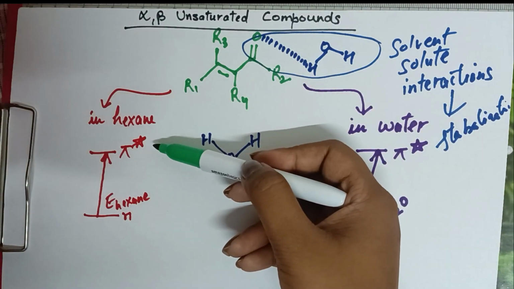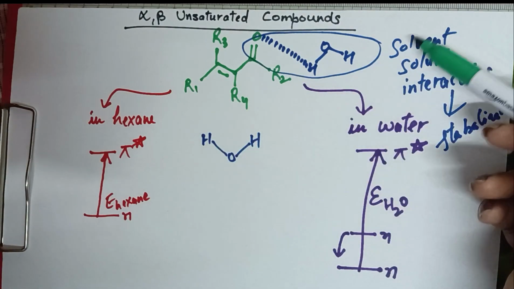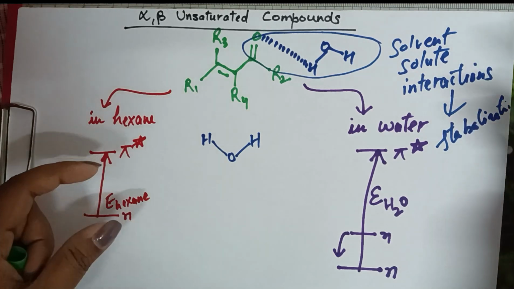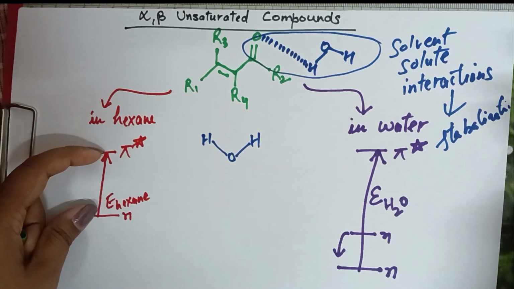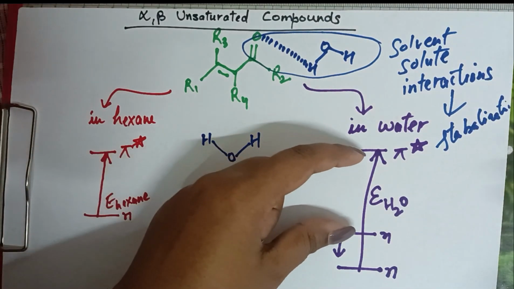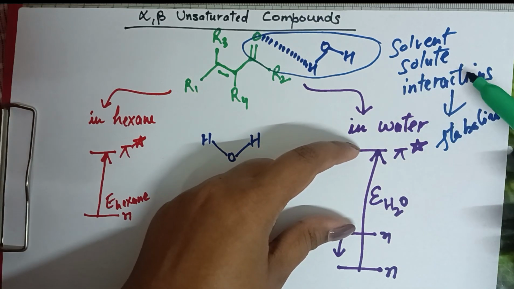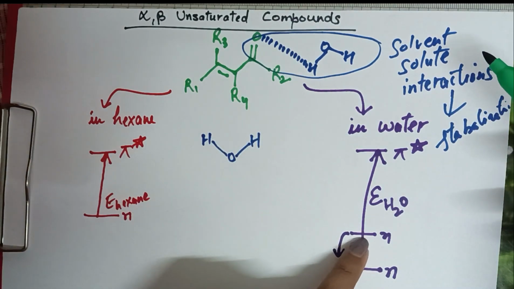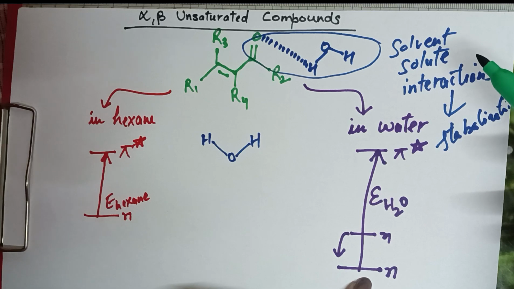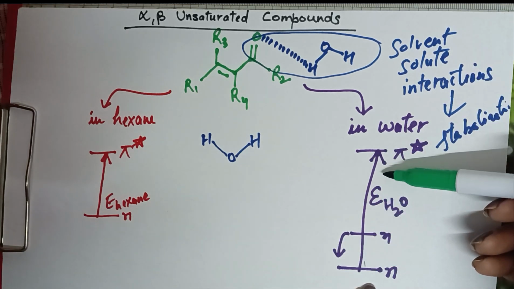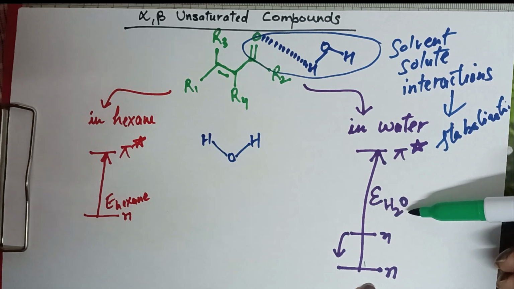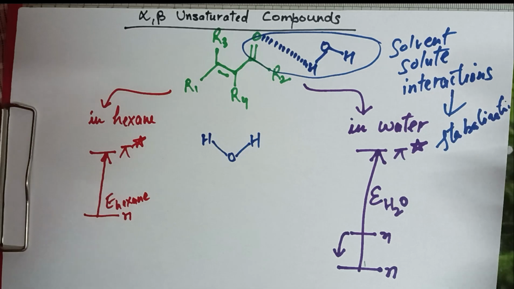If we have hexane, then we are not able to see such interactions. So if we have this much energy gap in case of hexane, then in case of water what happens? Due to these interactions, the energy of this n decreases, and the overall energy gap increases in case of water as a solvent, in case of alpha beta unsaturated compounds.